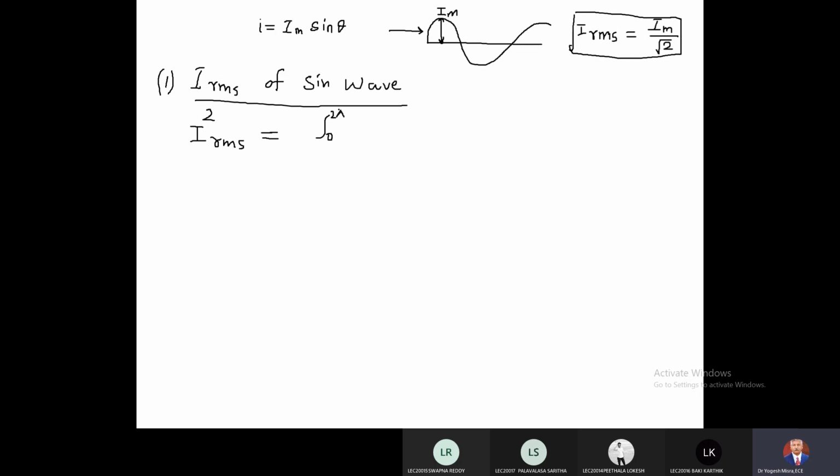What is the length of the cycle? It starts at 0, this is pi here, and this point is 2 pi.